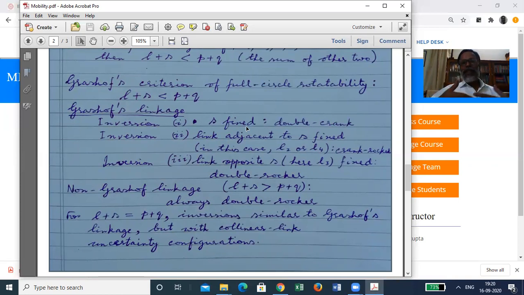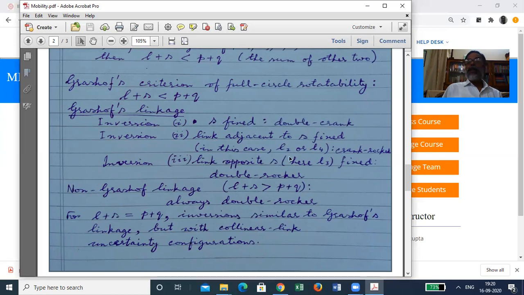So as you cross over, beyond that, something which was going this way and crossing, after the alignment, might as well come back rather than crossing. And that is quite possible. Okay. So that is the kind of uncertainty configuration that you get with links linear, and that is why the branches can cross over. From the elbow up configuration, it can go to the elbow down configuration.